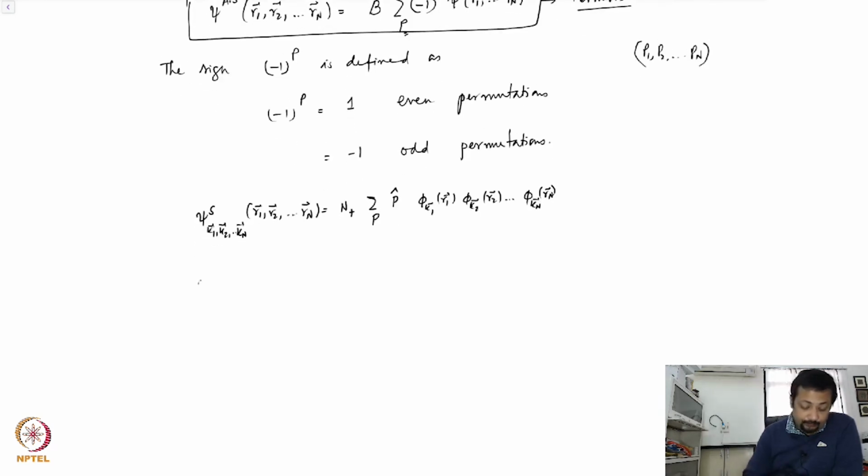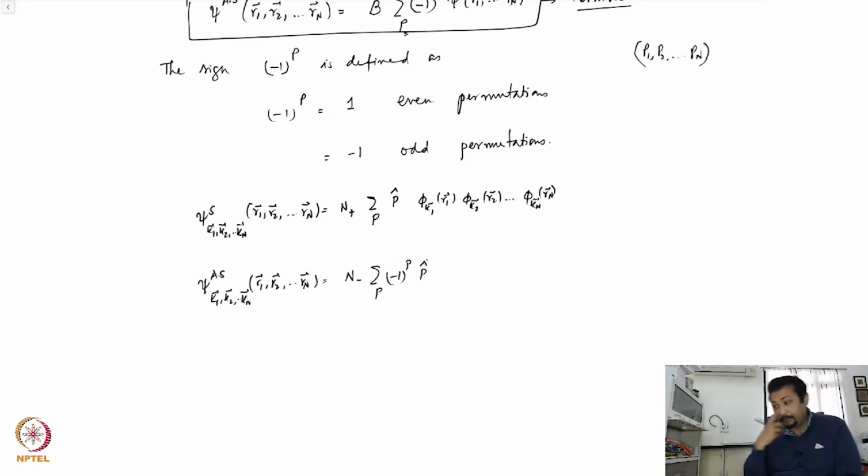And similarly, the antisymmetric wave function of k1, kn, r1, r2, rn is going to be N minus times the sum over P of minus 1 raised to the power P, P hat operating on phi k1 r1, phi k2 r2, phi kn rn.